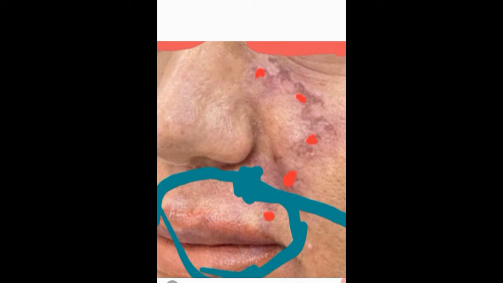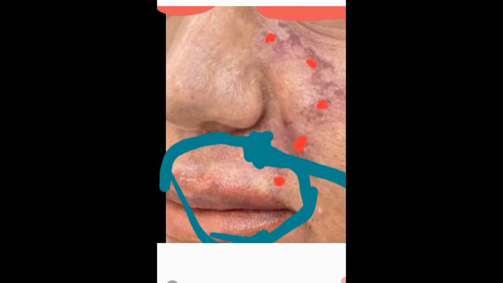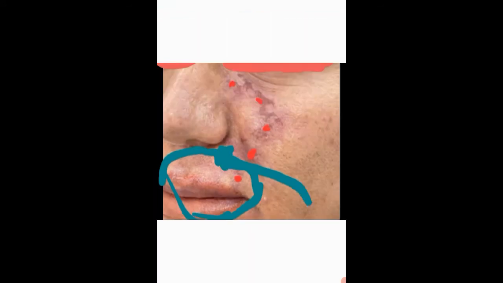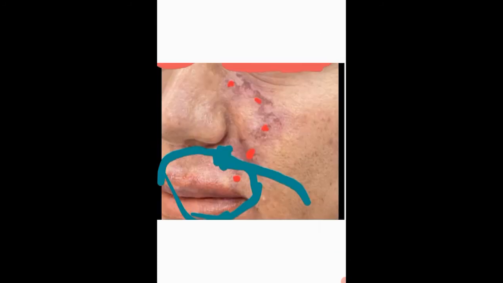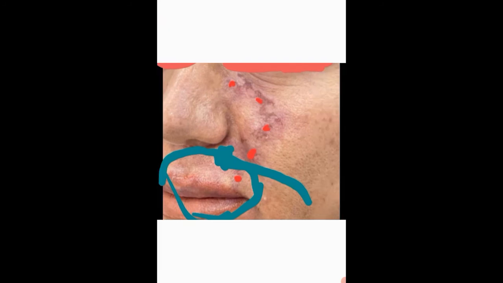But after the injection of the hyaluronidase, only 1 day after injection, the pain was subsided and the patient was free from any pain.